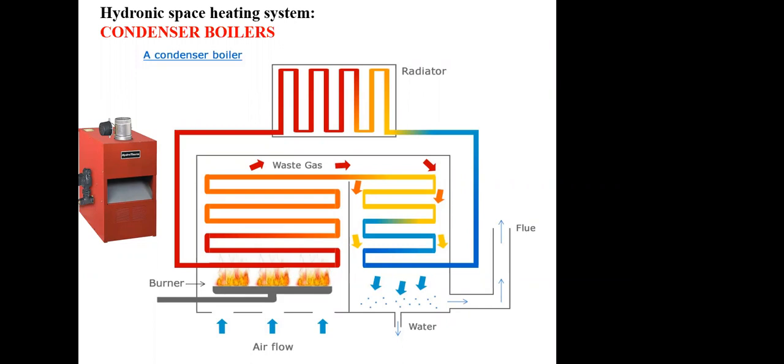And the other question that you have to ask is, does it take the air from the indoor environment, or does it take the air from outdoors? The one that takes the air from outdoors is safer. If you are going to place this in a basement and the basement is not occupied, that's fine.